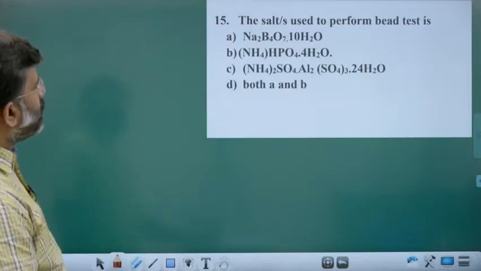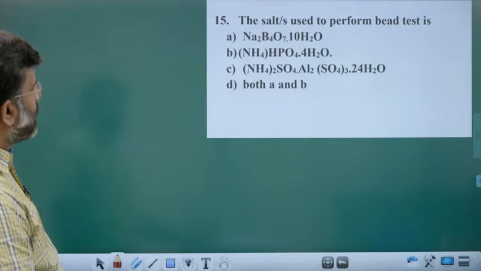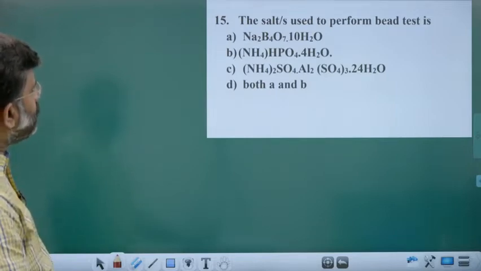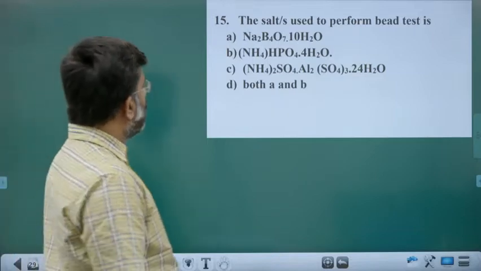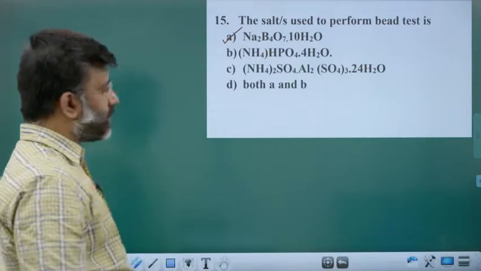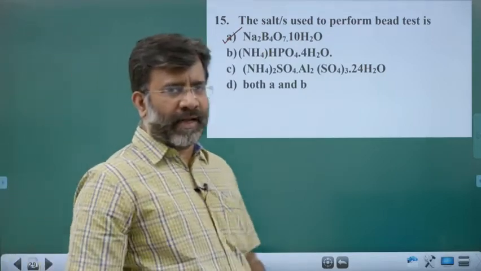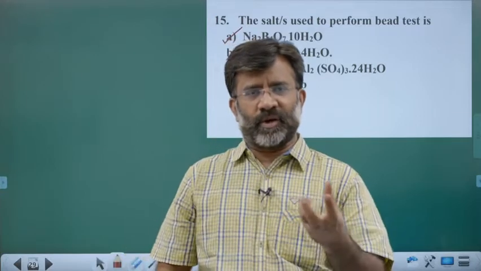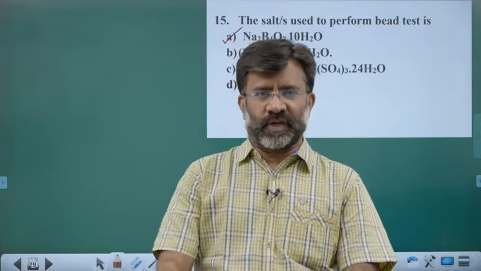The salts used to perform the bead test. Option A, borax bead test. Borax is heated on a platinum wire loop, and upon strong heating it loses water of crystallization.